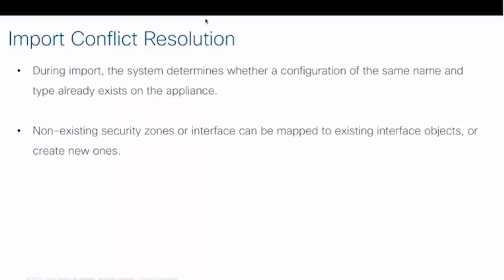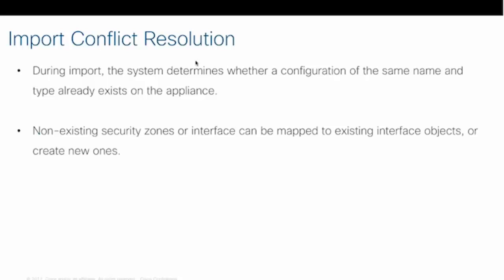When we are importing a policy to the FirePOWER Management Center, there is a chance that the policy name or type might conflict with any of the existing policies on the device. So during import, the system will run a background check to see if the policy name or type that we are trying to import conflicts with any of the existing policy names or types on the system.